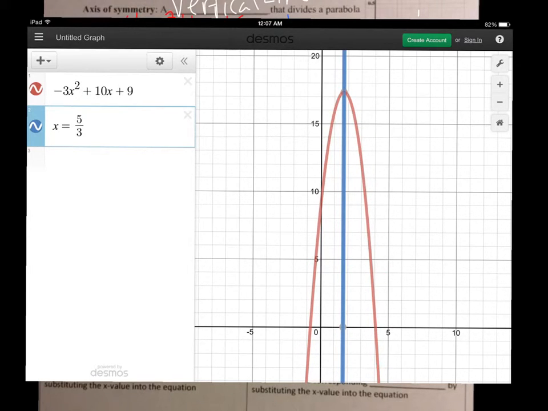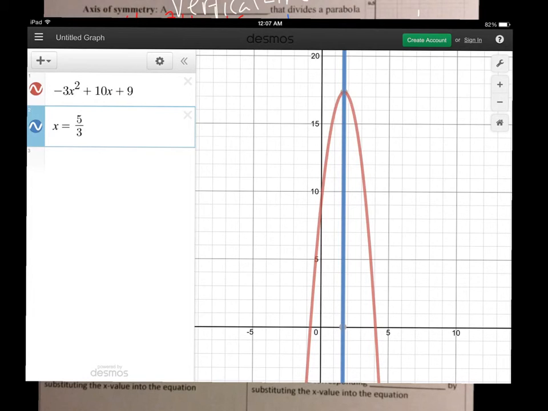Then our axis of symmetry, x is equal to 5 over 3, is the blue line cutting straight down the middle of this maroon parabola. I hope you got the same thing, and if you didn't, write your question down and I'll answer it during work time.